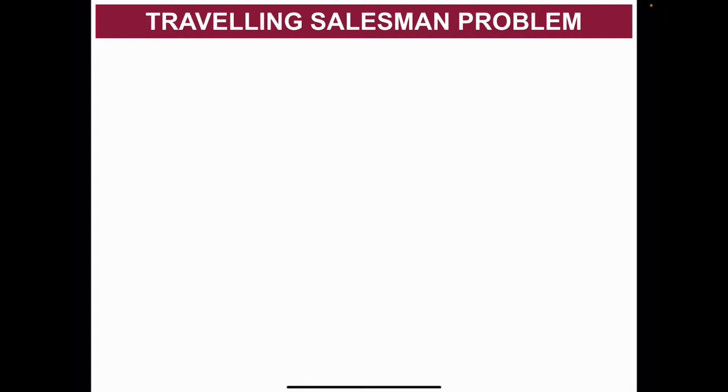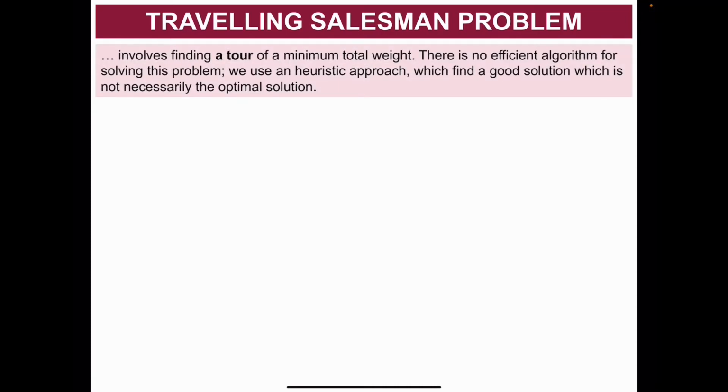As you can see from the name of the chapter, it's the traveling salesman problem. So it relates to problems where you need to visit several cities or several stores or several schools or whatever places. And obviously what you want is to minimize the distance or time, and then cost as well.